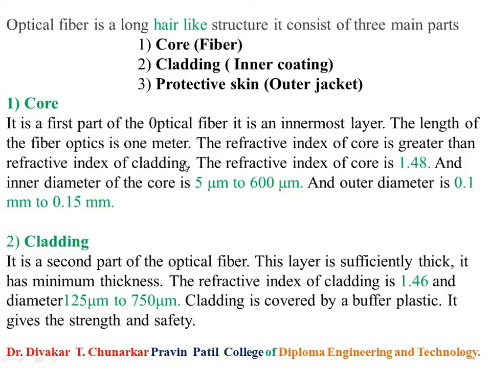The refractive index of the core is 1.48, and the inner diameter of the core is 5 micrometer to 600 micrometer and the outer diameter of the core is 0.1 mm to 0.15 mm. Keep in mind, this is very important for your examination.